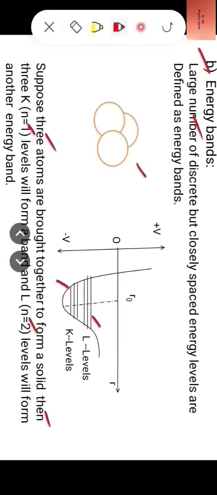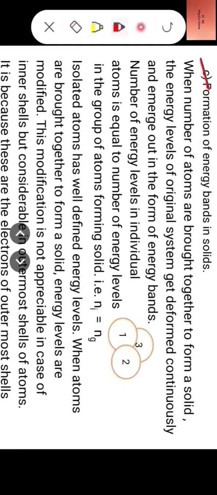Okay. Now, formation of energy bands in solids. When number of atoms are brought together to form a solid, the energy levels of original system get deformed continuously and emerge out in the form of energy bands. Number of energy levels in individual atoms is equal to number of energy levels in the group of atoms forming solid.